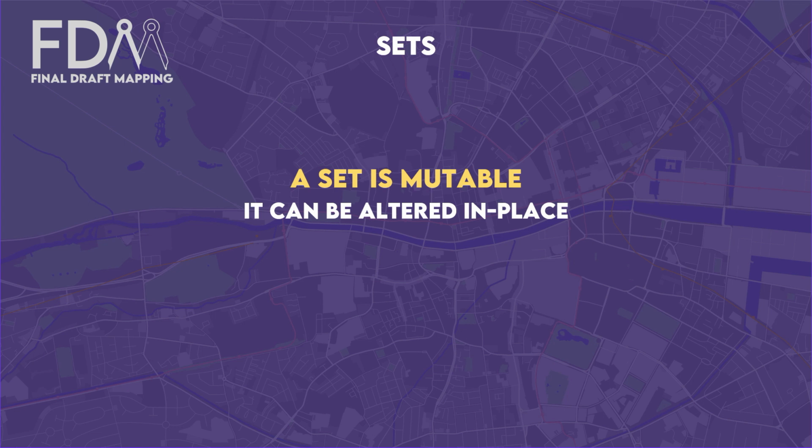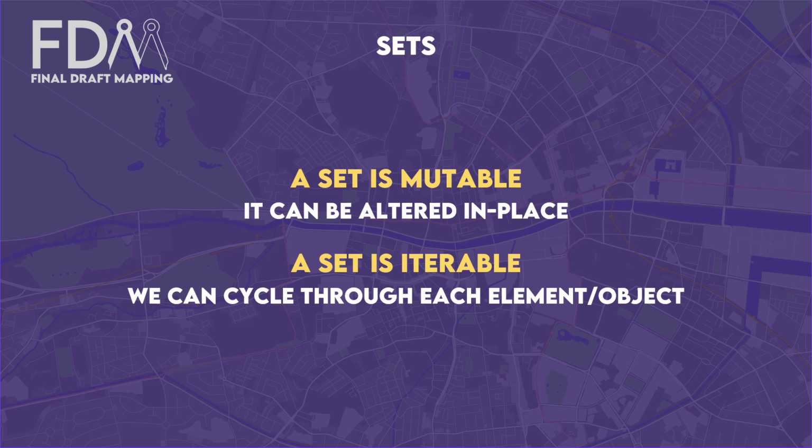However, although sets are mutable, the elements inside a set cannot be altered. We can add and remove values to and from a set, but we cannot alter a value or object inside the set. A set is also iterable, meaning we can cycle through each element or object in the list.